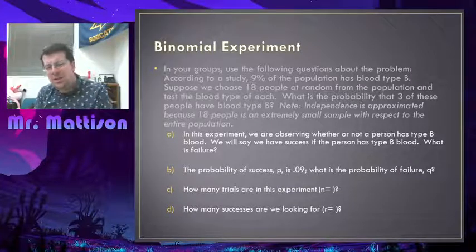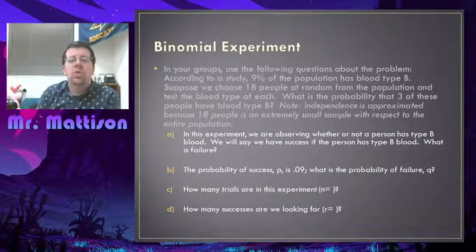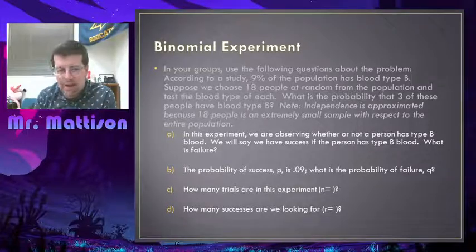Okay, so let's go through A, B, C, and we'll do this one together. In this experiment, we are observing whether or not a person has type B blood. We will say that it is a success if a person has type B blood. What is a failure? It's anything other than type B blood, right? They could have A, AB, or O, any of those.